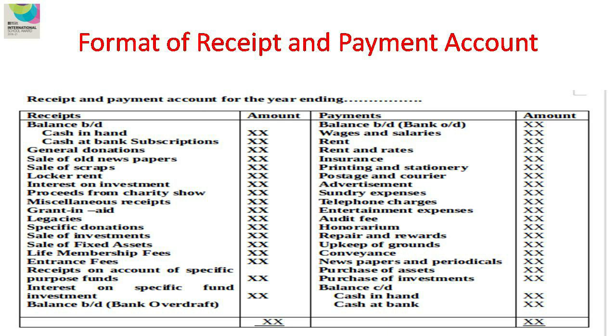And then wages and salaries, rent, insurance, printing and stationery, postage and courier, advertisement, sundry expenses, telephone charges, entertainment expenses, audit fees, repairs and renewals, upkeep of ground, newspapers and periodicals, purchases of assets, purchases of investments, and finally balance carried on, that is closing balance, that is cash in hand and cash at bank.